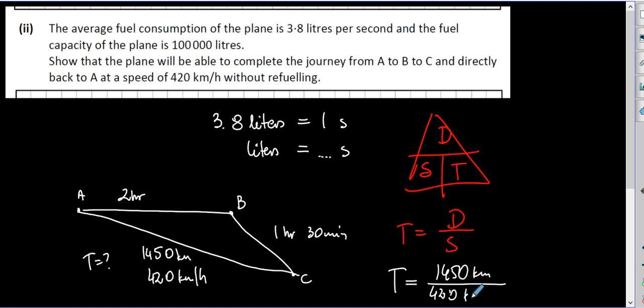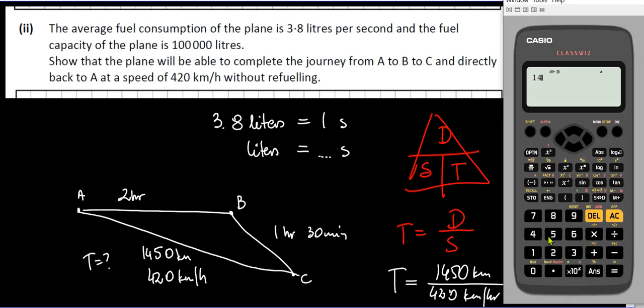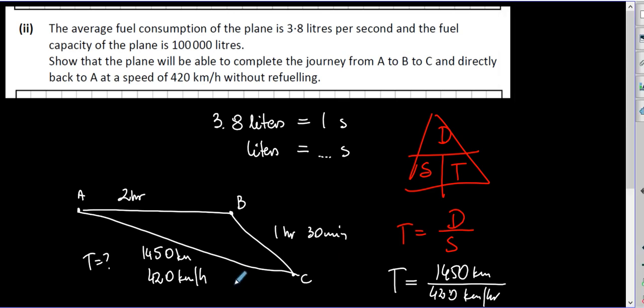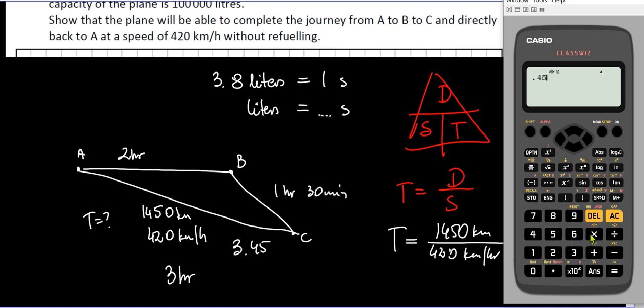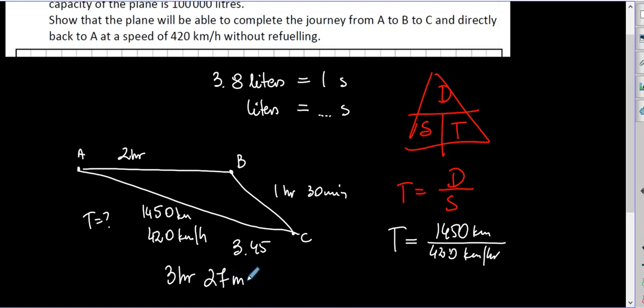420 kilometers per hour. So let's see what time that is: 1450 divided by 420. So that is 3.45. So again, just to have everything, 3 hours 45 multiplied by 60, that will be 27 minutes.